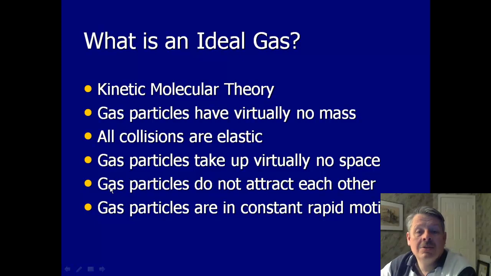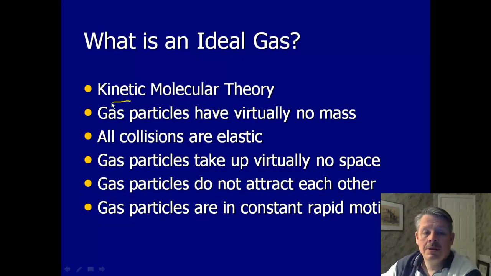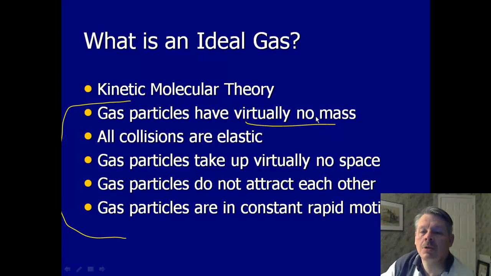What is an ideal gas? Well, let's go back to our kinetic molecular theory, and remember, this is by definition what an ideal gas is. The gas particles take up virtually no space, right? They have mass.